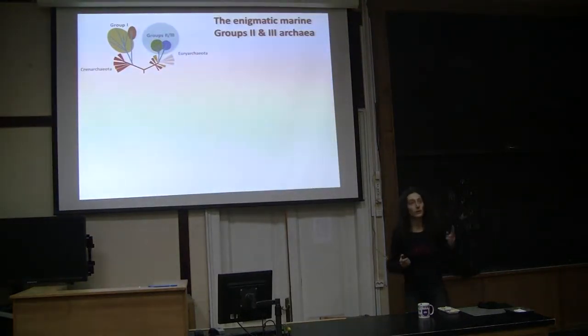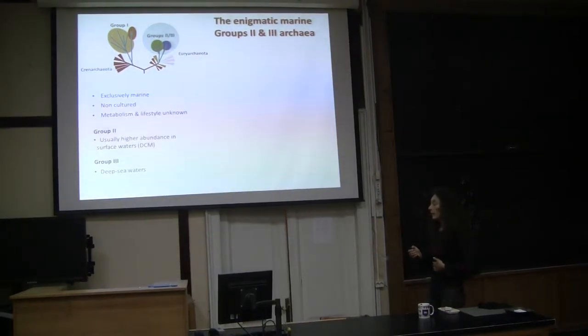So what do we know about the two other groups of Archaea? There are sister groups, group 2 and 3 Archaea, which fall in the Euryarchaeota branch. What do we know about them? They are much more enigmatic. They are exclusively marine. We have no species cultured in the laboratory, so it's impossible to study them in culture.